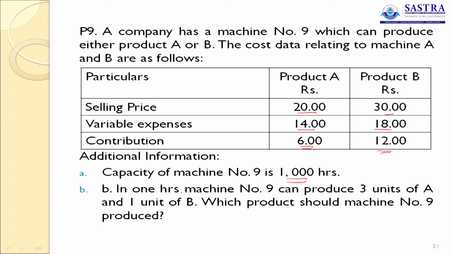In 1 hour, machine number 9 can produce 3 units of A and 1 unit of B. Which product should machine number 9 produce? So it is a decision making problem based on the contribution of the individual product. You have to give an opinion or suggestion.